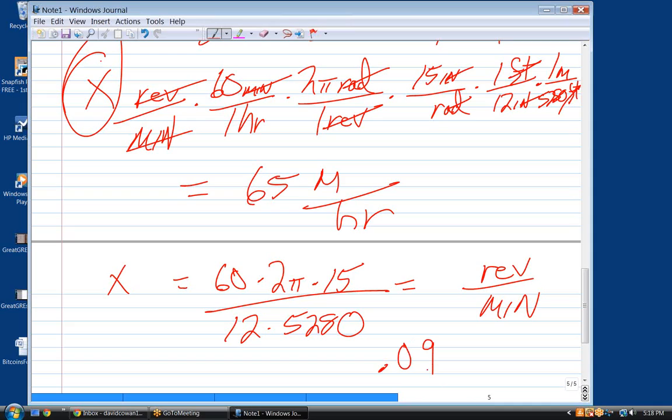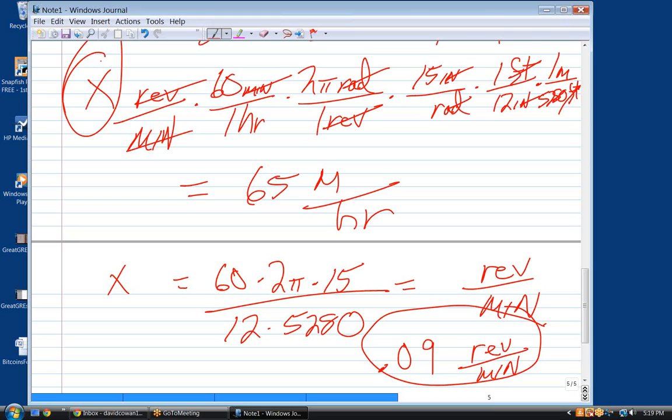I think I came up with 0.07 the first time, didn't I? And I wasn't sure what I had. But this one appears to be 0.09 revolutions per minute, if I've done my math properly. And the second part was the angular speed, right? Yeah, in radians per minute.